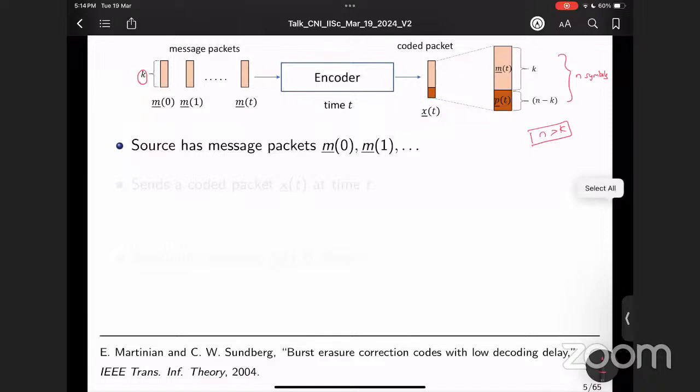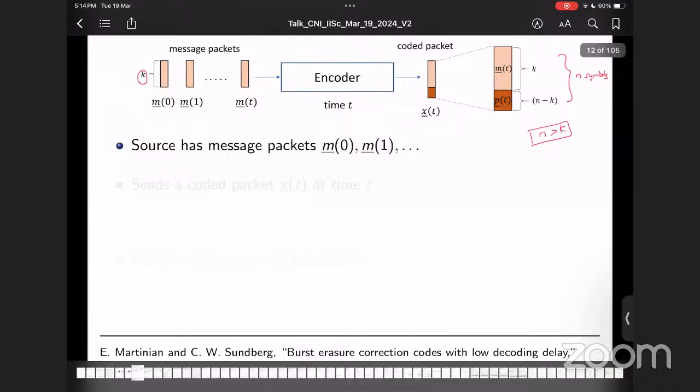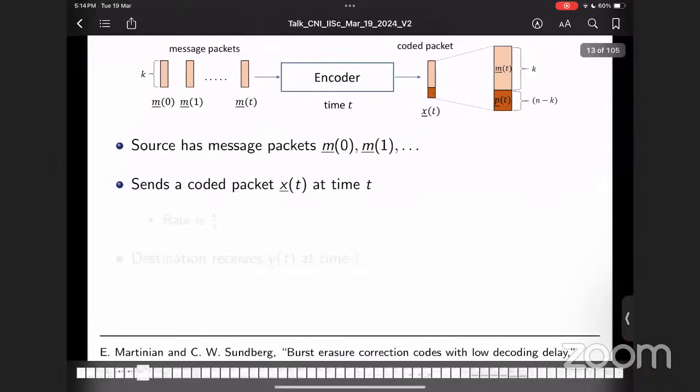So at time t, the source is going to send the coded packet. Naturally, the rate here is defined to be k by n, because I have message packets of size k, and then I'm producing coded packets of size n. So k by n is the rate.